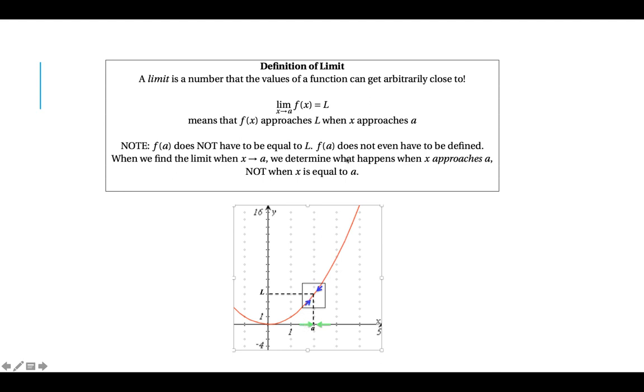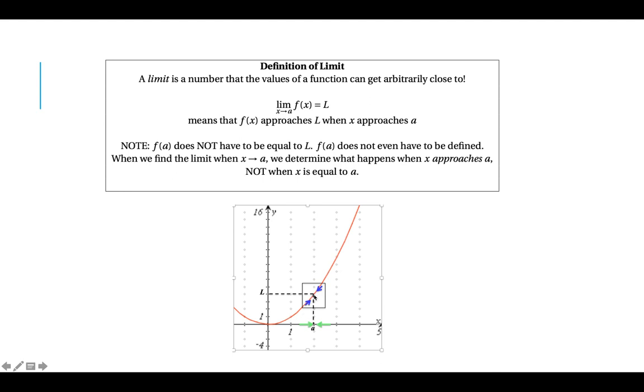Translating what we have up here for our definition of limits down here, as the x values get closer and closer to a, our function values are approaching this point we're calling L. And if we come from the right, we pick a point for x just a little bit to the right of a, and we move inward, the function values get closer and closer to L. So the limit as x goes to a of our function is L.